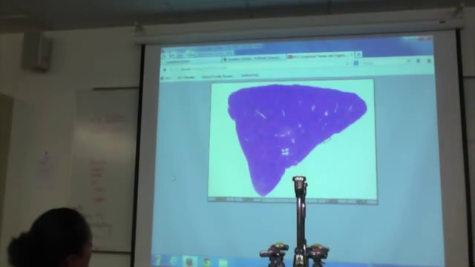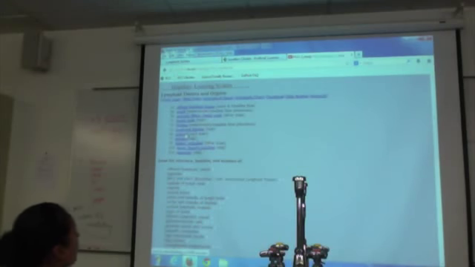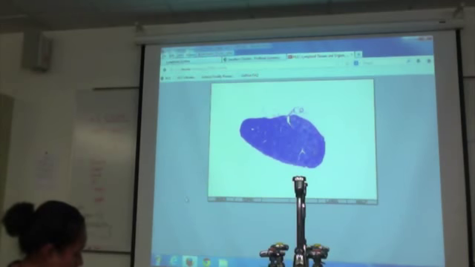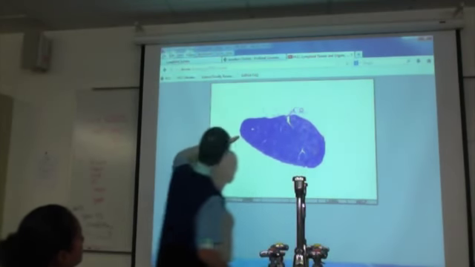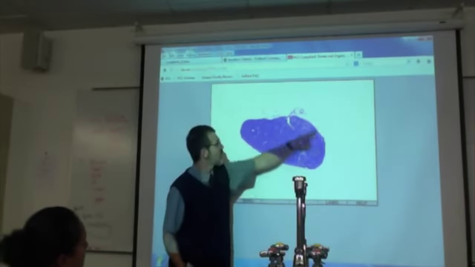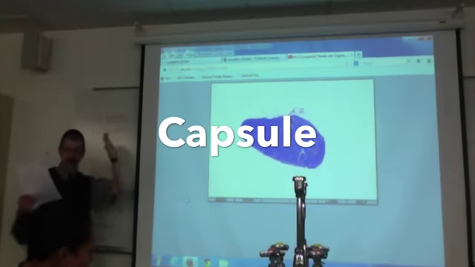Let's go back to the other picture for a second. If I saw this view, you would notice that there is a little thing right out here that surrounds the whole spleen. What would you call that if it were a lymph node? A capsule. What do you call it here? Capsule.